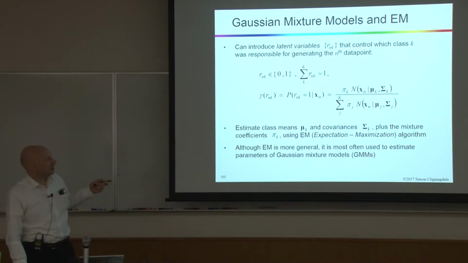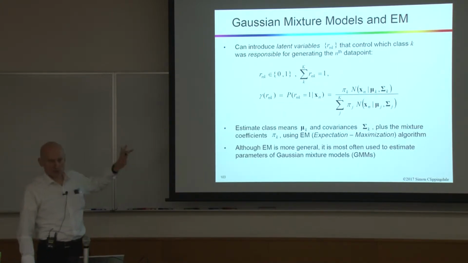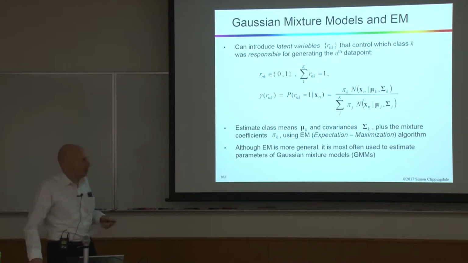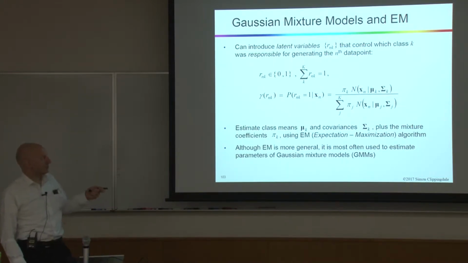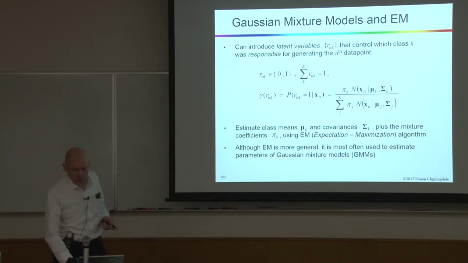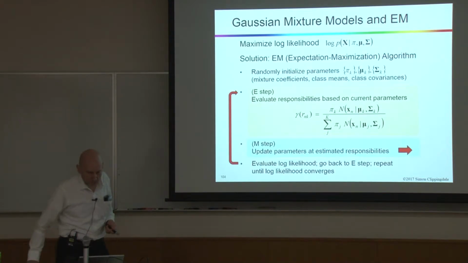So you estimate the class means and the class covariances plus the mixture coefficients using the expectation maximization algorithm. EM is actually more general than just this kind of Gaussian mixture model, but it's most often used to estimate the parameters of this kind of model.